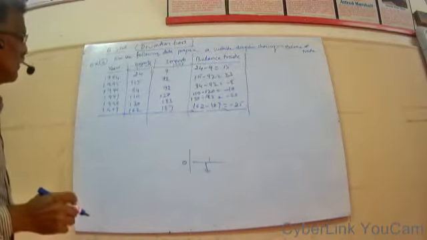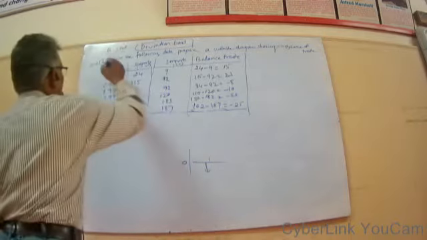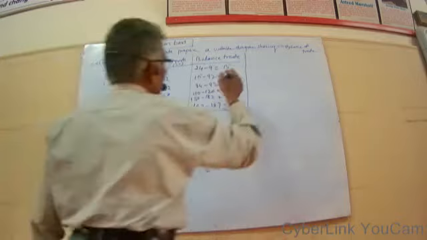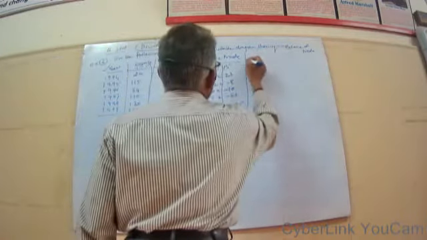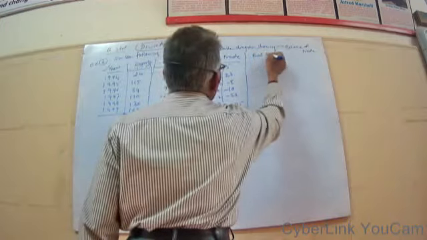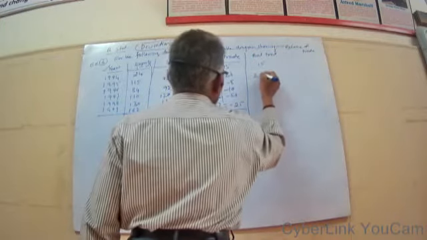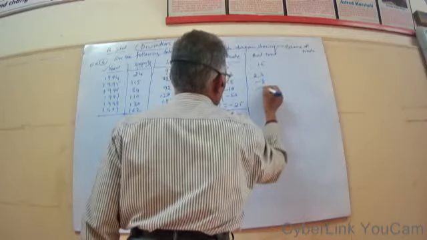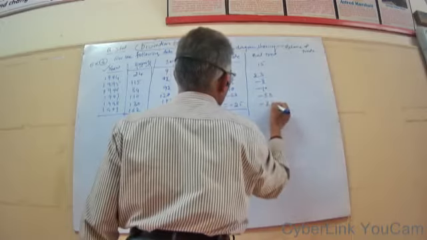For this deviation diagram, you have to consider only this balance of trade: 15, 23, minus 8, minus 10, minus 53, and minus 25.